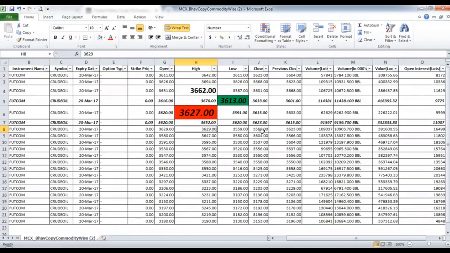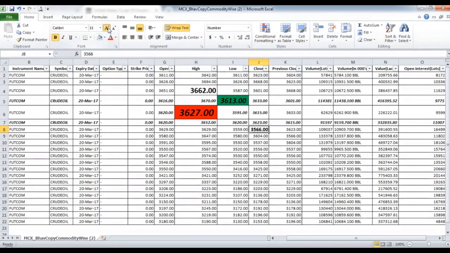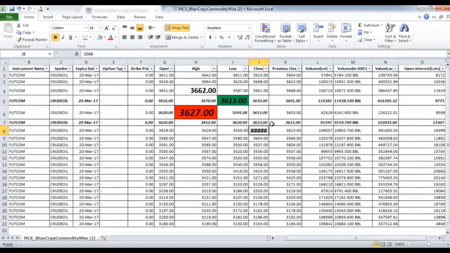3566, correct? And not only failed, is this close lower than 3613? Yes. Okay.